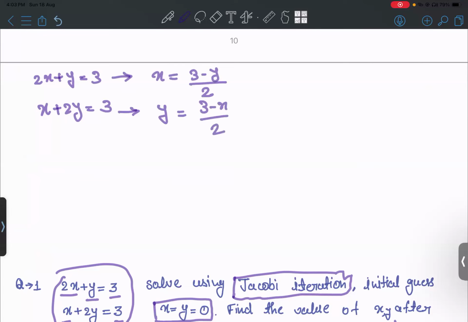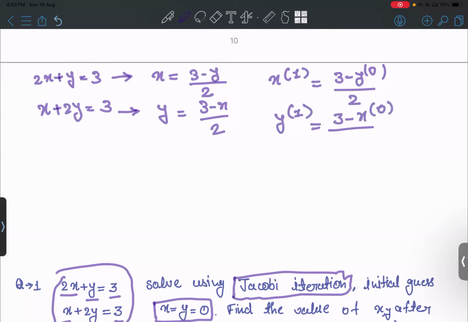So x at the first iteration will be equal to 3 minus y at the 0th iteration divided by 2. Similarly, y at the first iteration will be equal to 3 minus x at the 0th iteration divided by 2. If I put in the values, 3 minus 0 divided by 2 leads to 1.5. Similarly here, 3 minus 0 by 2 leads to 1.5.